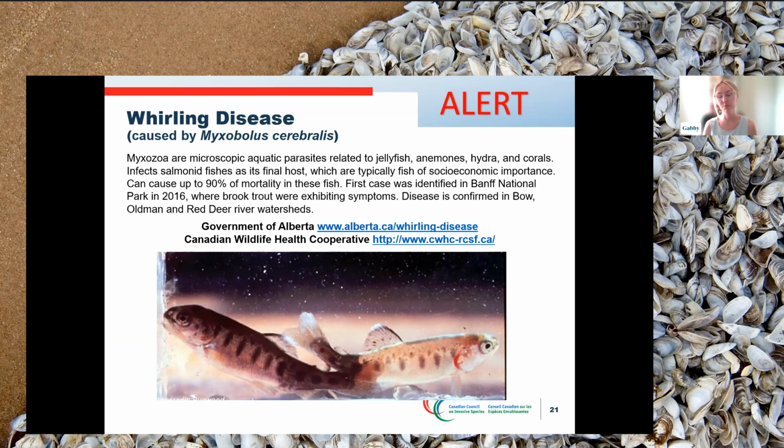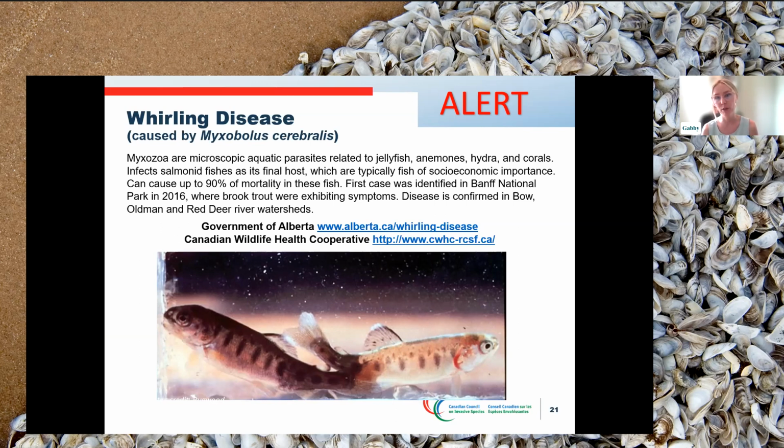It was first found in Banff National Park in 2016. It's originally from Europe, where it's actually native, but it was believed to be introduced in the Pennsylvania area. Its first introduction to North America was in Pennsylvania in about the 1950s. So I don't think there's full confirmation on how it landed in Banff National Park.